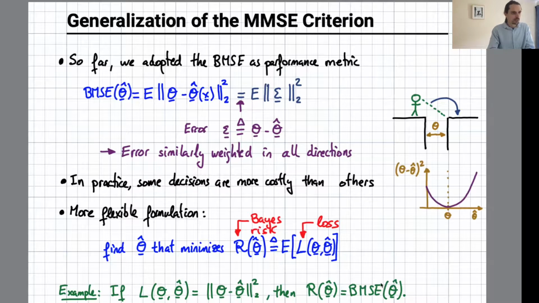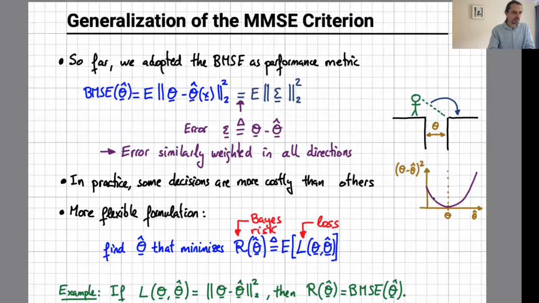So this can be visualized in our previous example. If we plot the square loss as a function of theta hat for a fixed theta, note that it has two arguments. This is obviously a parabola with a root at theta hat equal to theta.